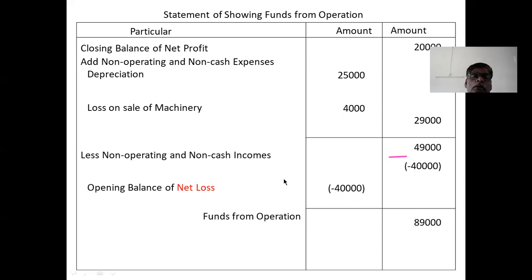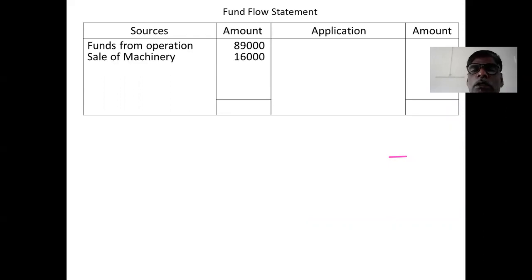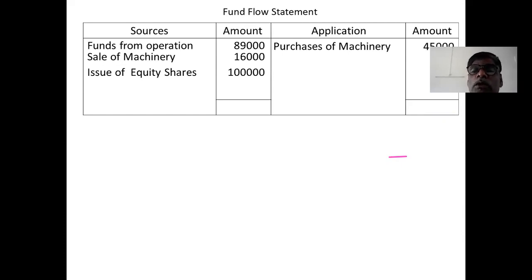Okay. Now you prepare the fund flow statement. In the fund flow statement, fund from operation is 89,000. Sale of machinery 16,000. Issue of equity share 1 lakh. Purchase of machinery 45,000 as per your account balance.